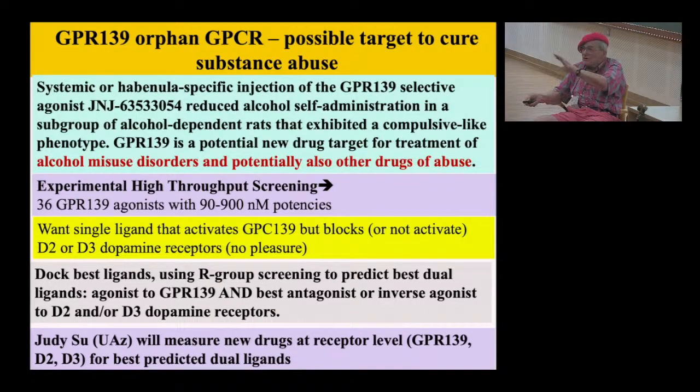They get mice that are hooked on alcohol, and then when they take ligands that agonize GPR139 and block the dopamine receptor, 2 different ligands, they can cure substance abuse. So we want one drug that does both. It interacts with and agonizes 139, and at the same time blocks D3.